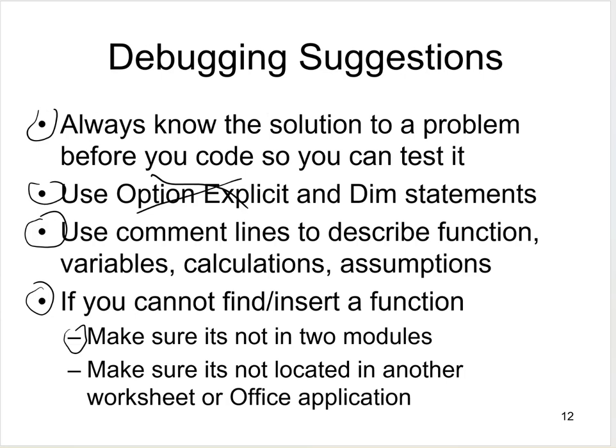If the program name, say CAPM, exists in more than one module or twice in one module, VBA doesn't know which one to choose, so it just doesn't show up on the list to insert the function. So be careful. The main reason, besides the fact that you haven't actually written the program, is that there's 2 of those located in VBA.